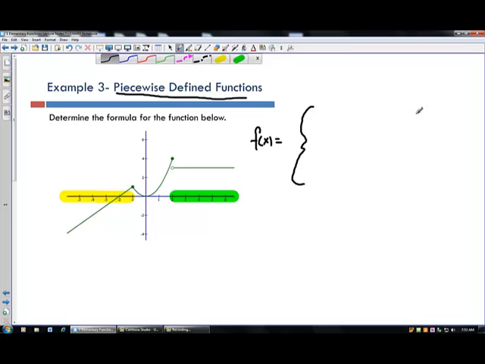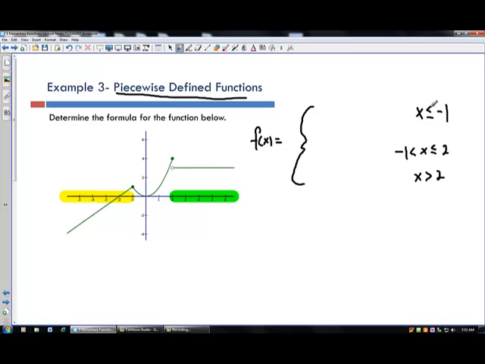So I know that if x is less than or equal to, let's say, -1, I do this. And then -1 less than x, less than or equal to 2. That's the middle piece. And then if x is bigger than 2, I do something else. So if I'm in this green piece, I do something else.